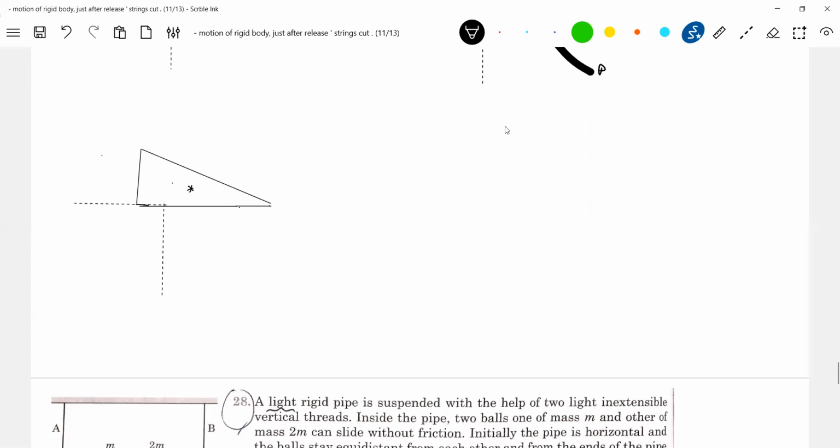So I'll release it. So for the triangular plate also the same situation arises, the same conditions you have to put in. So force mg will act. There's a point P, and it's rough. The moment it is released, the triangle will take an orientation like this.